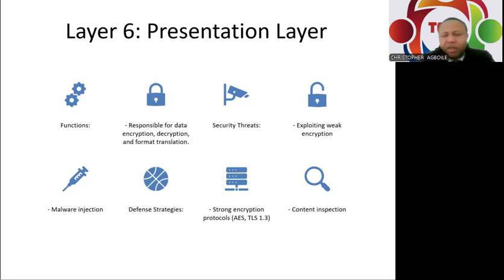Another thing that happens at the presentation layer is malware injection. Malware is an embedded malicious payload in data streams. To prevent this, you use content inspection and robust antivirus solutions.